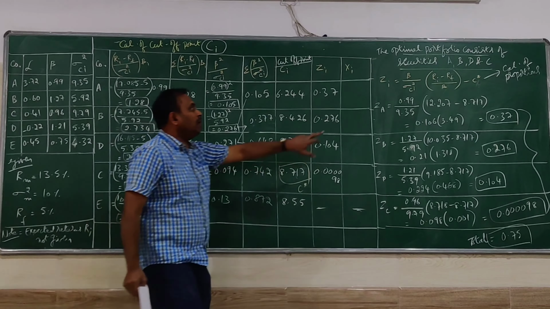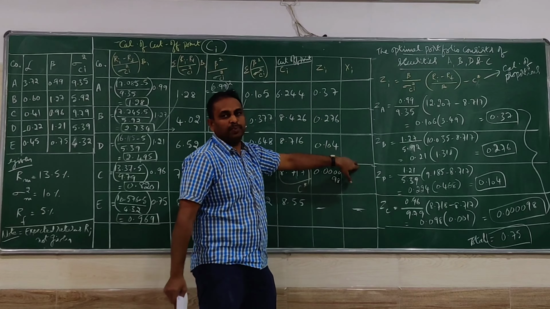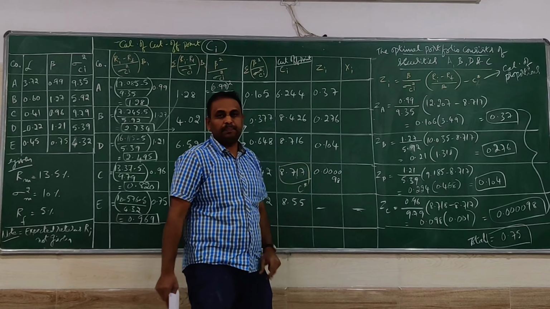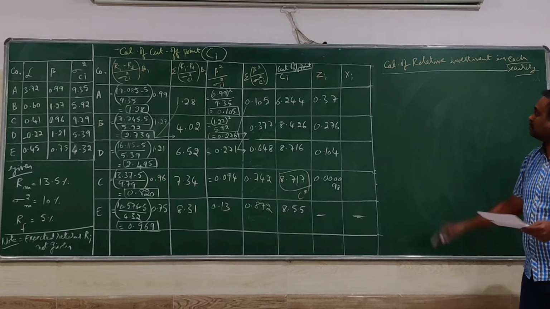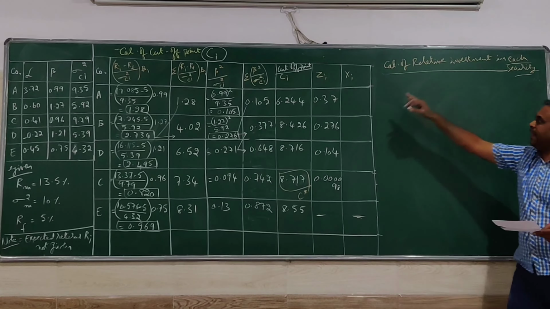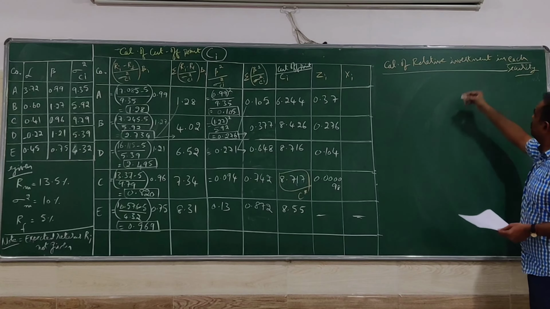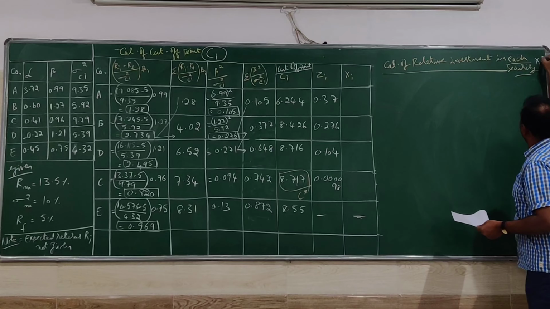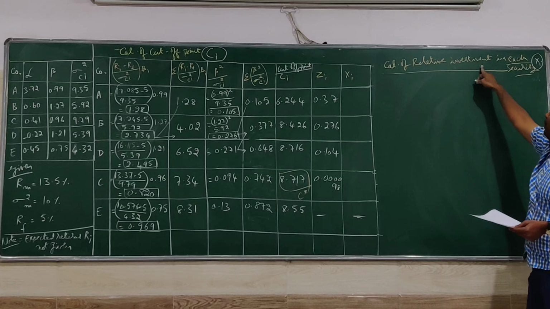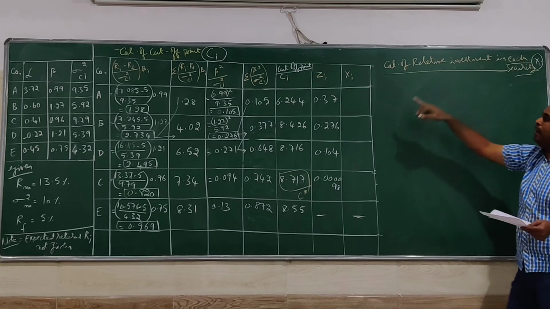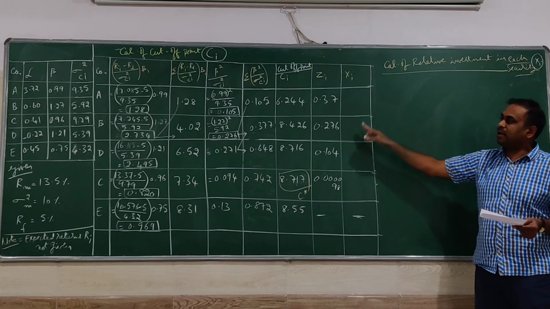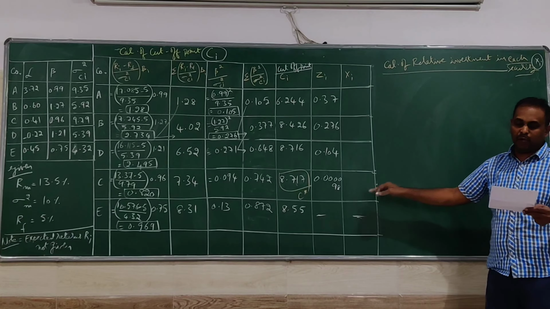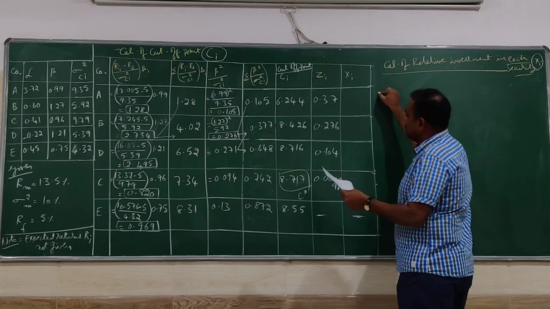Now we have to go for the final one, xi, how much percentage to be invested. The last one is the xi calculation. So this is for xi calculation, the relative investment in each security, percentage-wise, how much percentage of money to be invested in each one of the securities. I will go for each one of them.